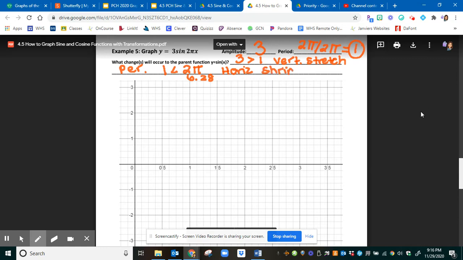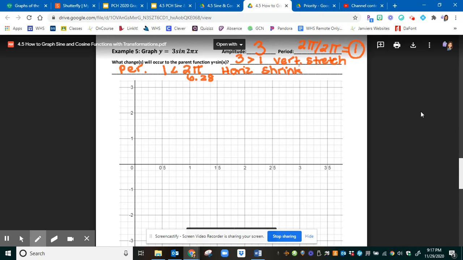So when we go about doing this, we want to still take a look first at our period, as we did in the last example, so we can figure out the beginning start of our graph, the end of our graph, and then the middle part of our graph and what's happening in between. And then from there, once we have our x tick marks, we can figure out our y min and our y max.